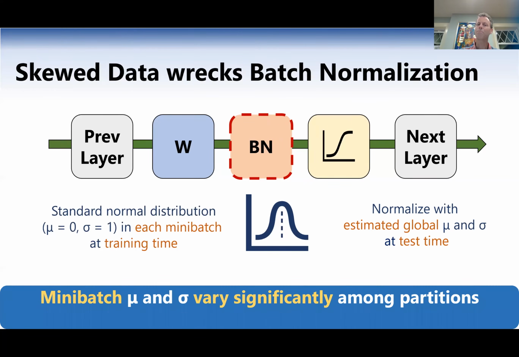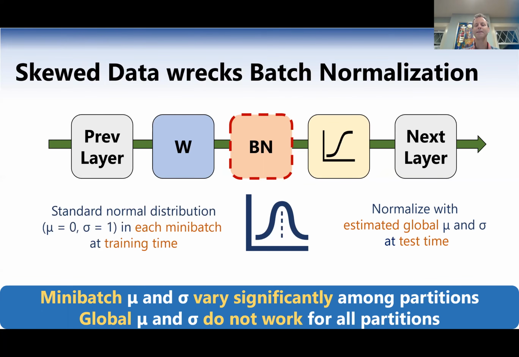But the problem is with these skewed data sets, if you think about it, their individual mean and variance vary significantly from one partition to another, right? And so they're actually standardizing differently, in inconsistent ways. And as a result, that harms training. And moreover, there's no single global mu and sigma that work for all the partitions because they're different distributions.